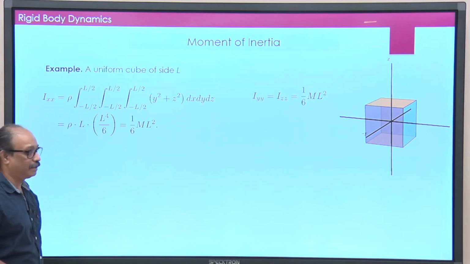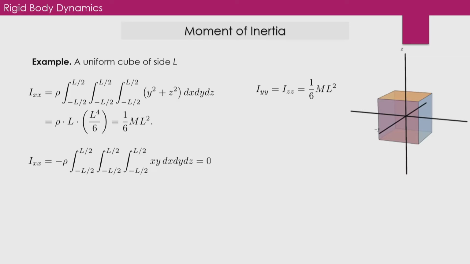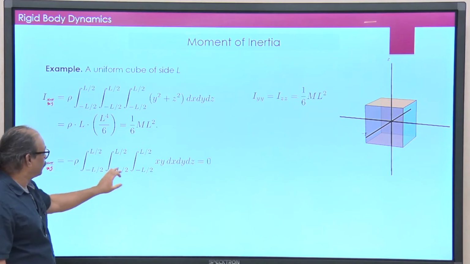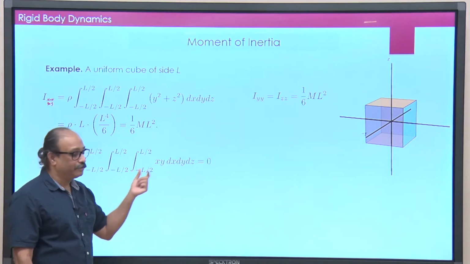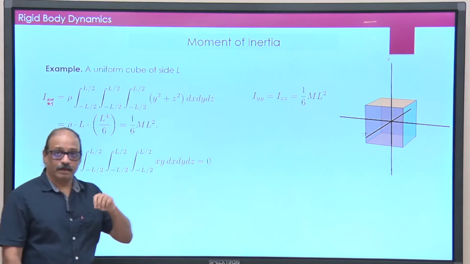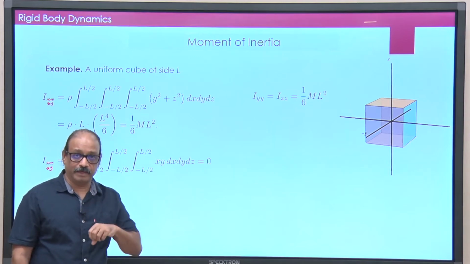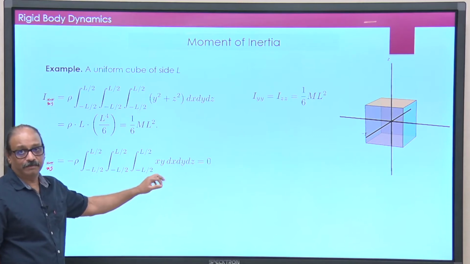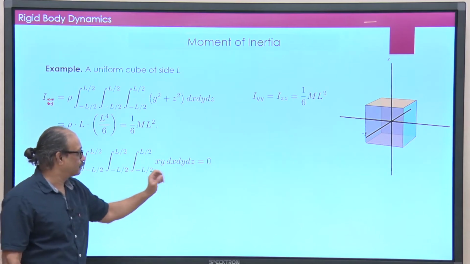What about off diagonal entries in that matrix? So, if I calculate I_xy, it would be the integral from minus L by 2 to plus L by 2 for all of them, but now remember there was a delta jk. So, when I am calculating I_12, delta_12 is 0. So, there will not be any first term. The second term is minus xy times mass, and then you integrate this. Okay.